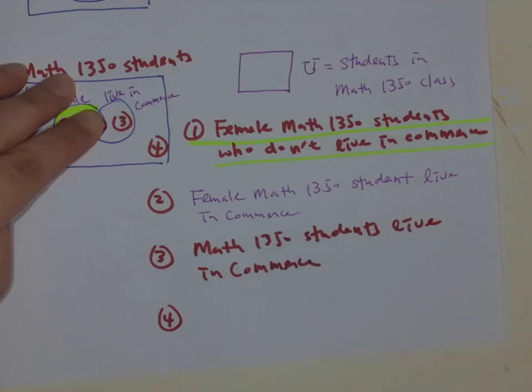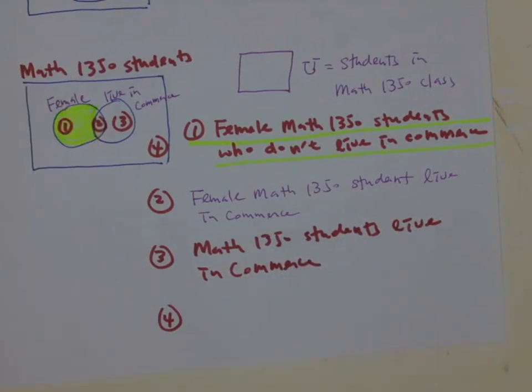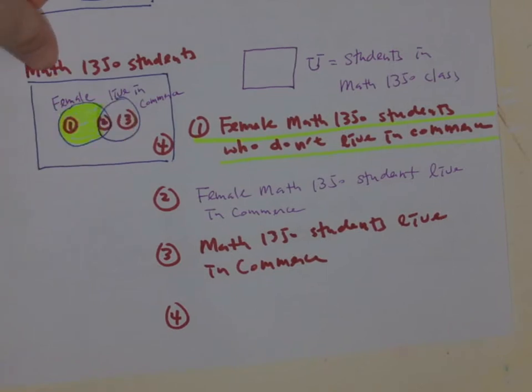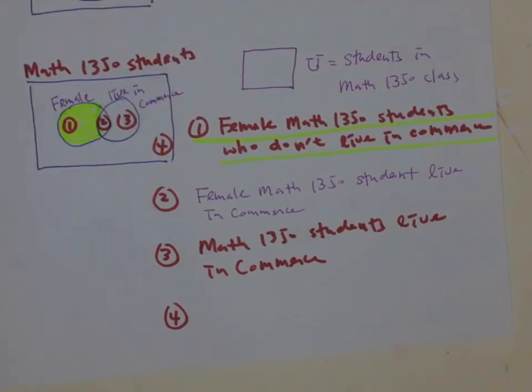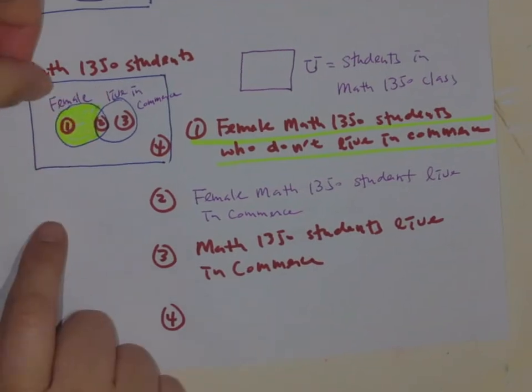So just that little part in the circle. And then number 4 is outside of these two circles, but within the math 1350 students, right? So if it's not in a circle, it means it's not female. Not female means male, right?